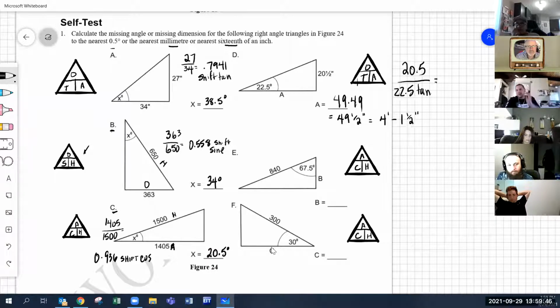For D, here's the answer here, or 49.49 without putting it into a fraction. Inches. E, we're going to do E next, and the variables we have are the hypotenuse and the angle. And we want the side adjacent.